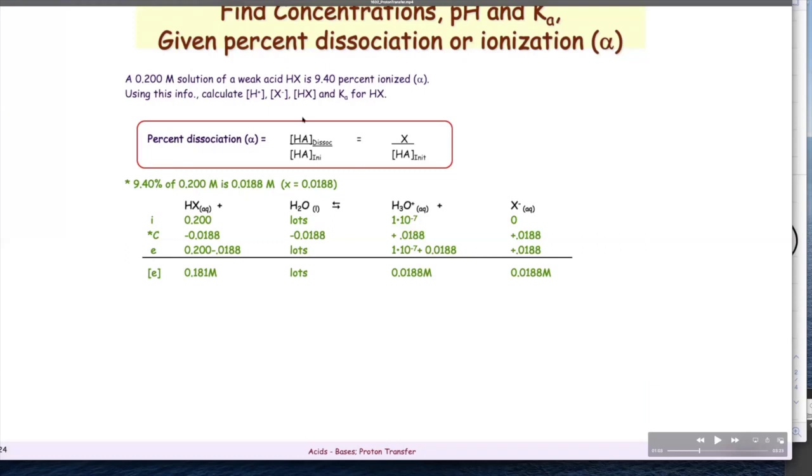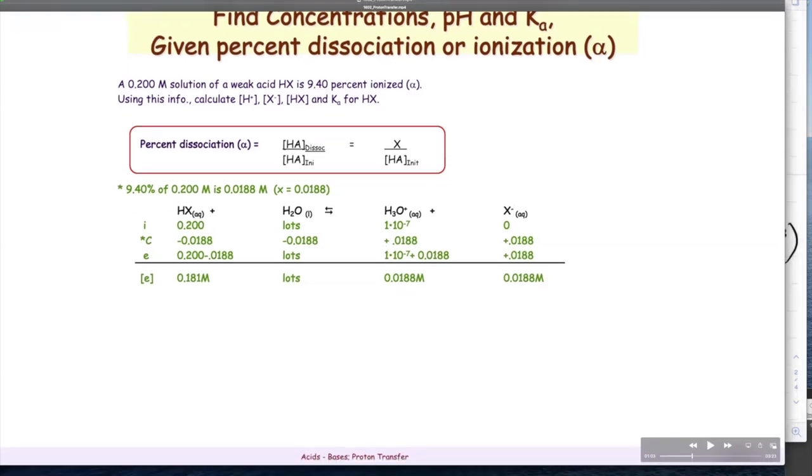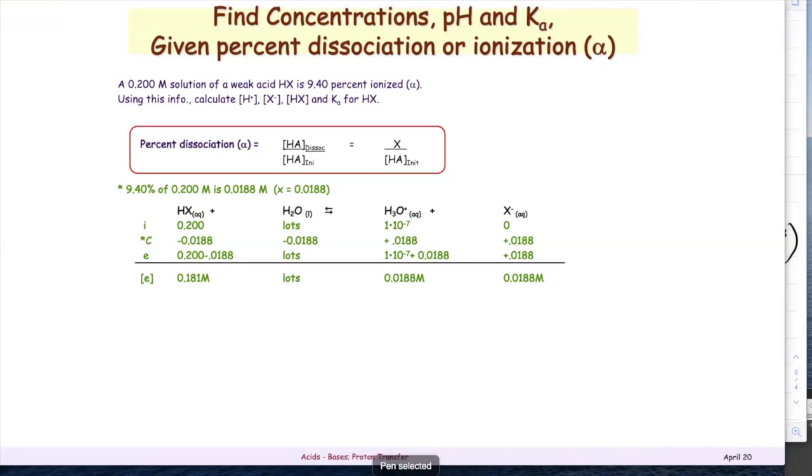And now you've already answered the H plus, the X minus, the HX. Now all you've got to do is take the hydronium ion concentration right here and figure out what the pH will be by calculating the negative log of this concentration, 0.0188.